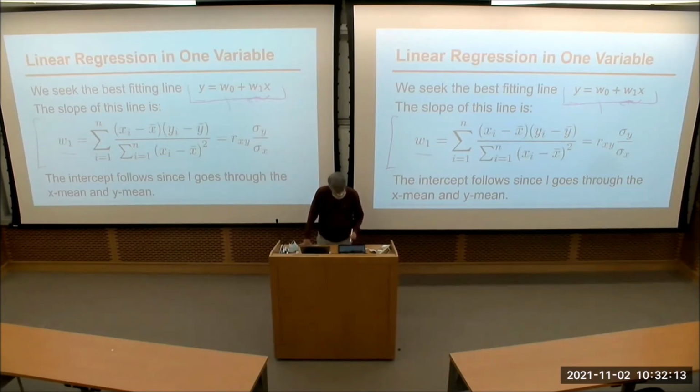If you look at this formula, the slope is going to be the sum over all the points of the difference between that point's value and the mean, times the difference in the y's, the difference in the x values and the difference in the y's.